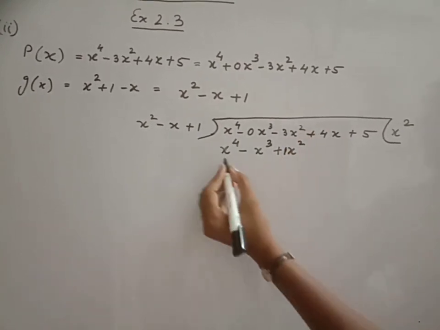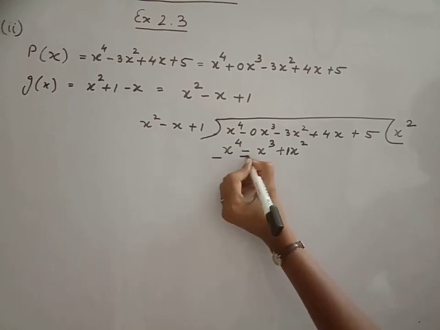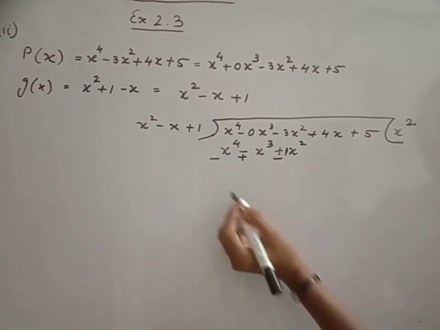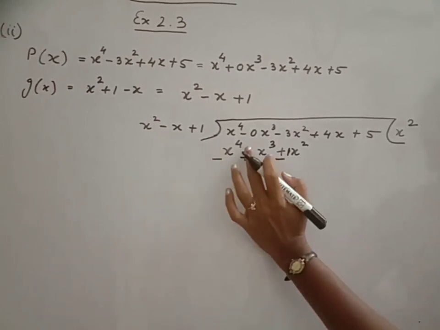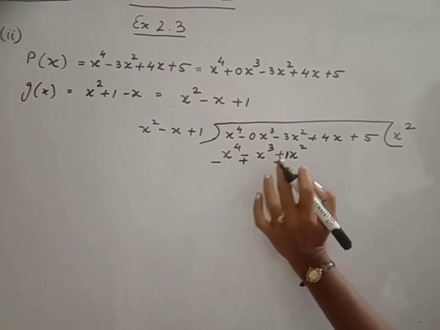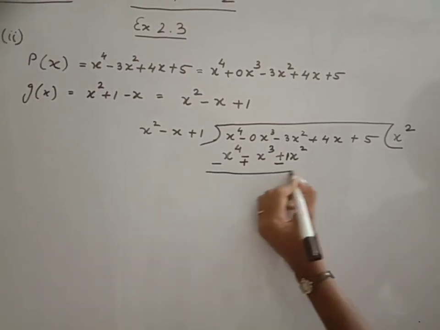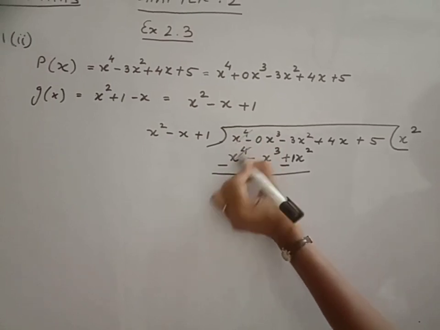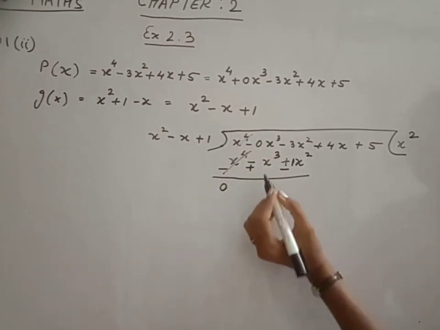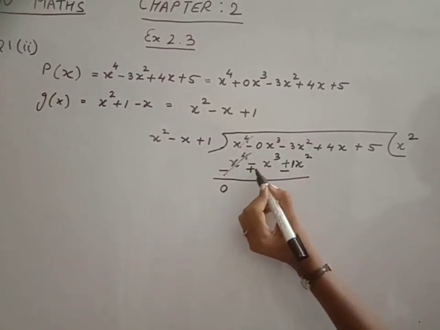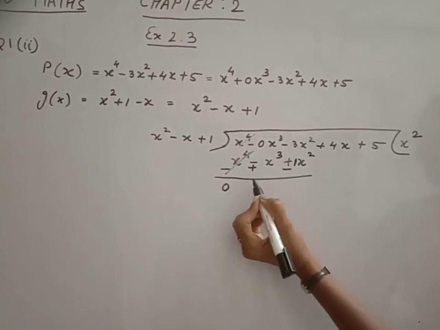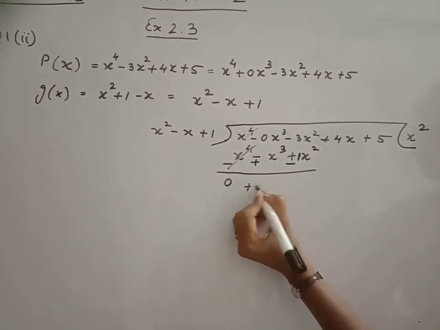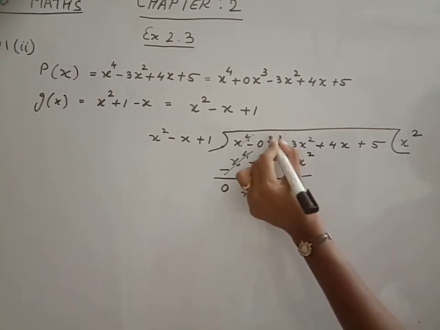Okay, now the next step, change the sign. Plus will become minus, minus will become plus, again plus will become minus. Now this gets cancelled, so I will get 0. Now minus 0x cube plus x cube, the answer is plus x cube because this whole is 0.